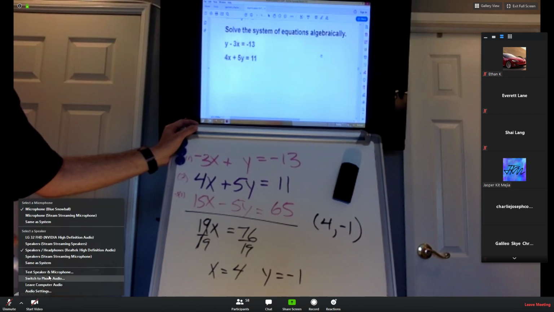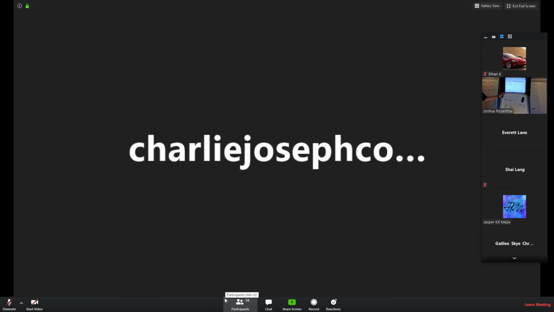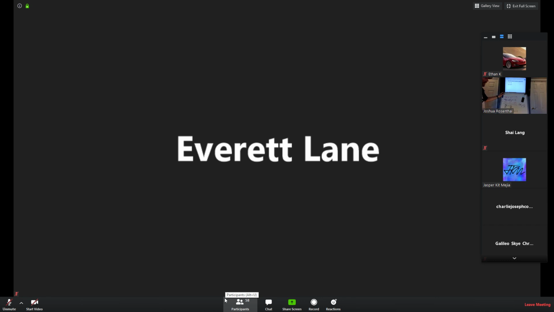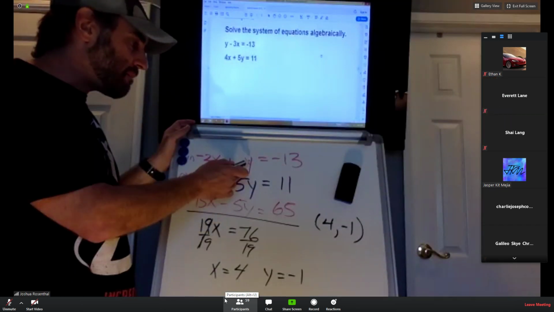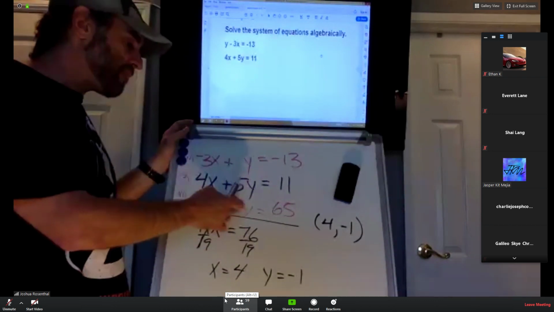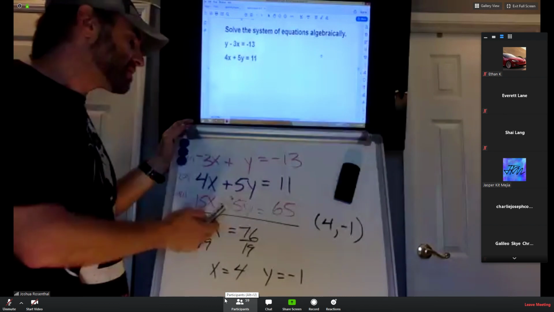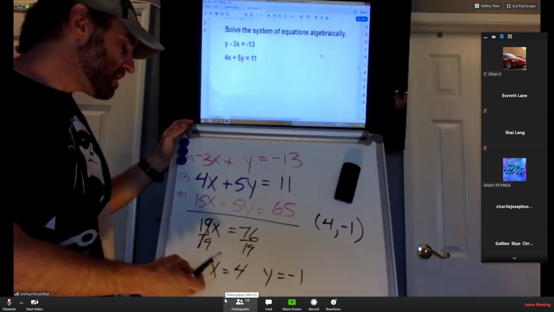Why did I do that? Well, if you look here, by multiplying that by -5, it gave me -5y. So when I add that to +5y, it neutralizes it so that there's no more y when you get to the next line. Then I add everything else.